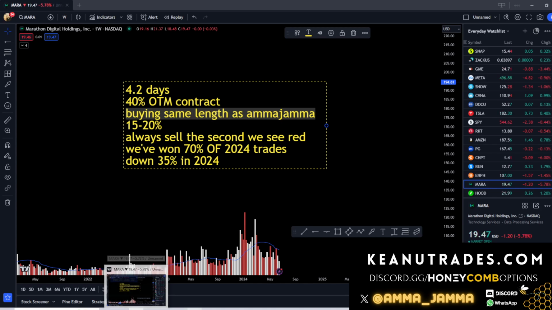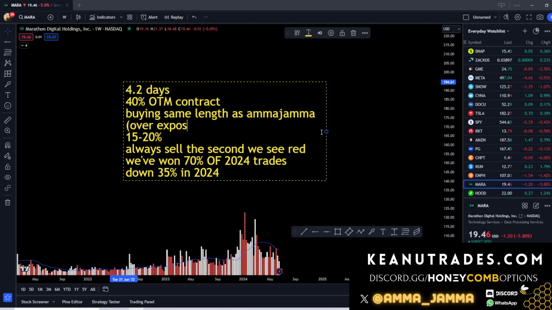That doesn't make sense because what's happening is right here, overexposed, your cash. So you're spending, say, $500 on a trade, all right? So you're risking $500 to make, let's say, 15-20% to make $100. So you've risked $500 to make $100.